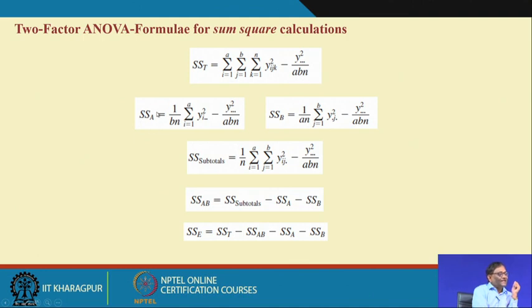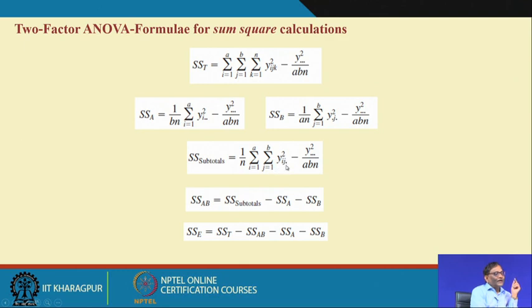For SSA, it is the sum total of row totals squared divided by bn, and at the end the correction factor is subtracted. Similarly, SSB. Another concept here is SS subtotal, which means the cell, for every cell we are interested in.